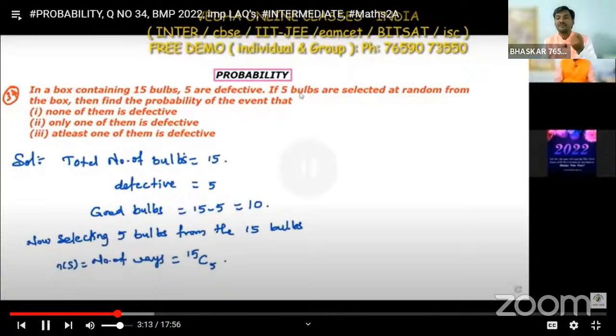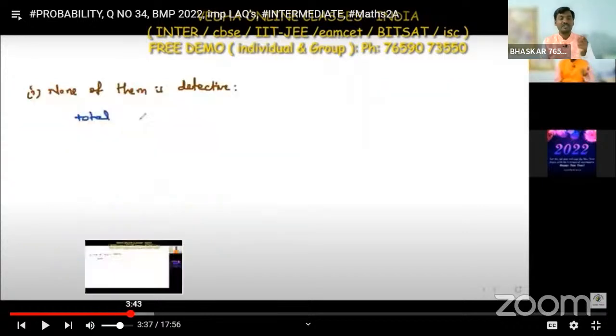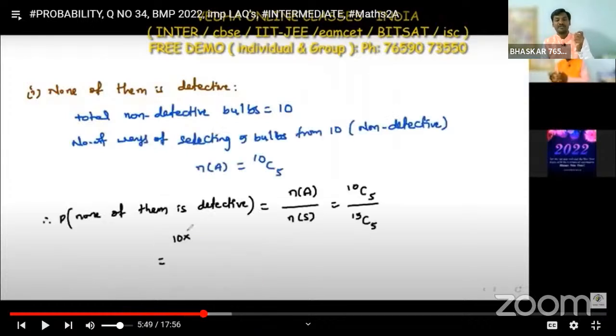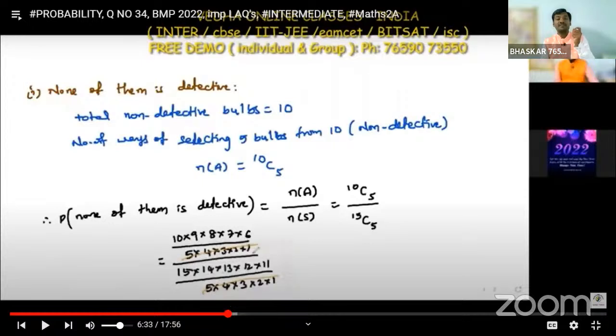What is the first question? None of them is defective. If none of the bulbs is defective, we want the total number of non-defective bulbs. We have 10 non-defective bulbs.